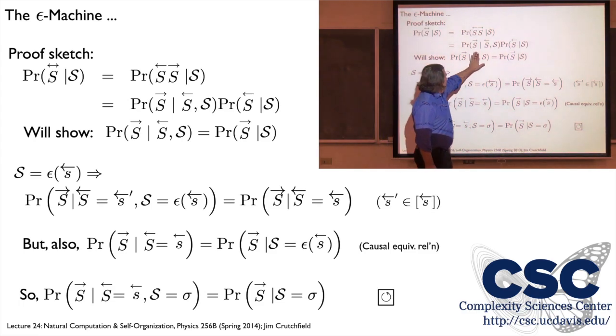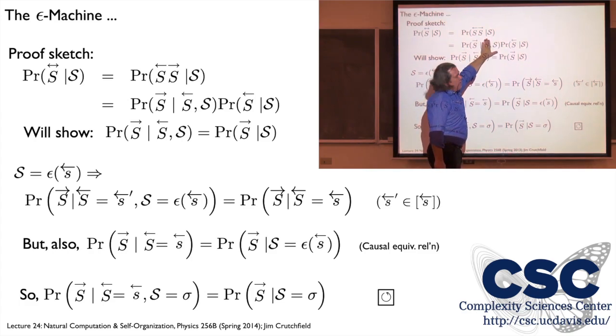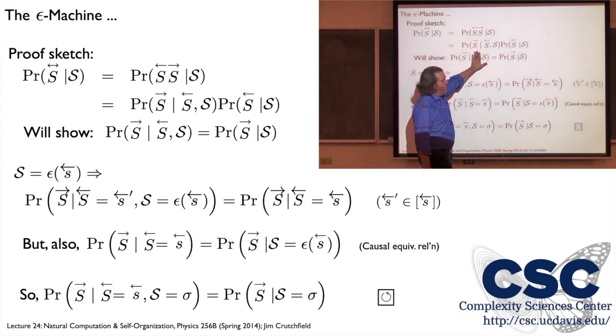Or the other way I was saying it is that knowing the causal state you're in and knowing what history has led to it, those are redundant kinds of information. So I can just factor that out. So we get this factoring. Okay, as a proof sketch, it hints at the sort of circumlocutions you have to go through to establish what is a relatively intuitive property, namely that causal states, as they're constructed, are functions of the past.